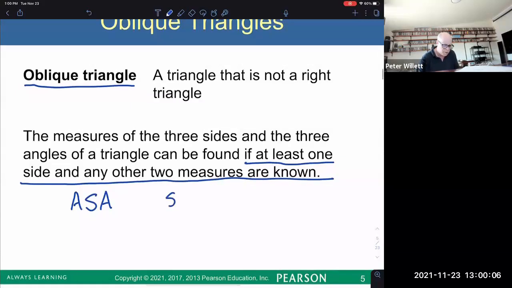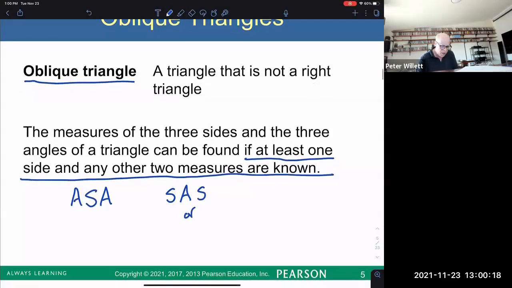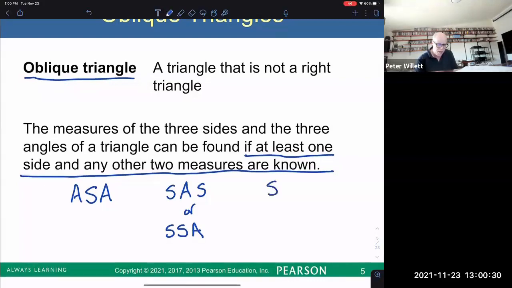If I have one side and the other two measurements known are not both angles, but an angle and a side, then it could be that I have the side and the angle between them, or I had a side and I had another side and an angle next to them. This is side, angle, side, or side, side, angle. Or the other possibility is that I know a side and the other two things that I know are the other two sides, and then I have side, side, side.